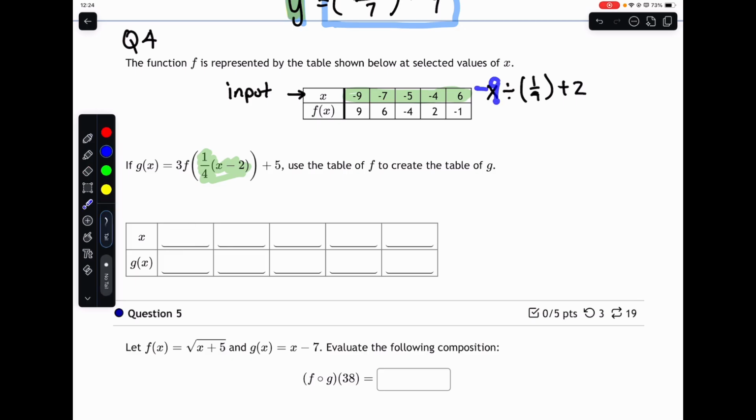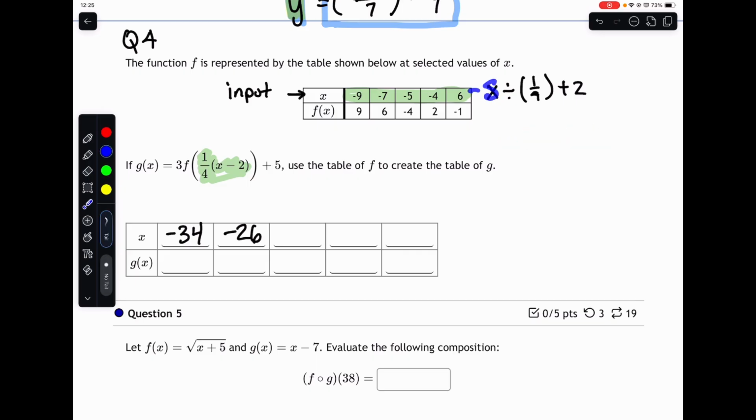It's -9 divided by 1 over 4. That's -36, and -36 plus 2 is -34. My error. Now, the same thing with -7. -7 divided by 1 over 4, that's -28. Plus 2, that's -26.